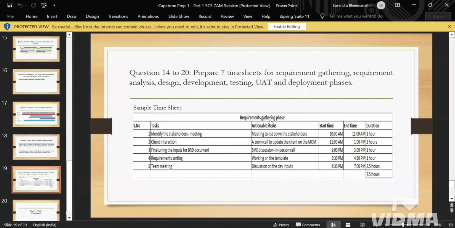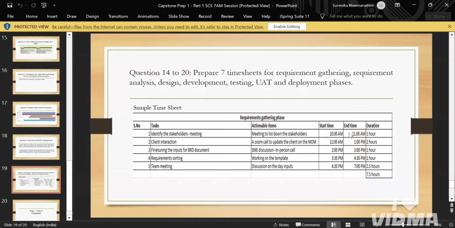So here, for example, in requirement gathering, identifying the stakeholders meeting is the task. The actionable item for this is that you conducted a meeting and listed down the stakeholders of this project.